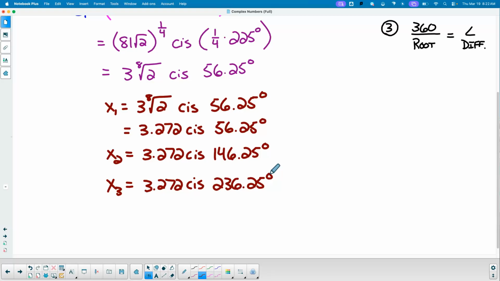My last root would be 3.272 cosine I sine of 326.25 degrees. My next one would be 416.25 degrees. But to bring that one back into first lap, then that becomes my 56 degrees. Okay?